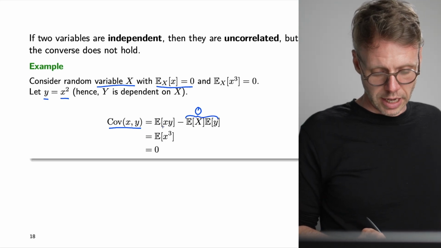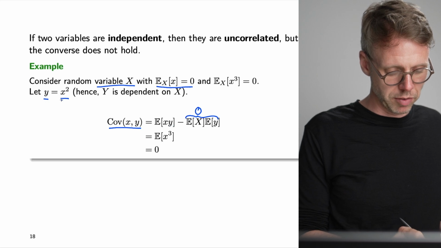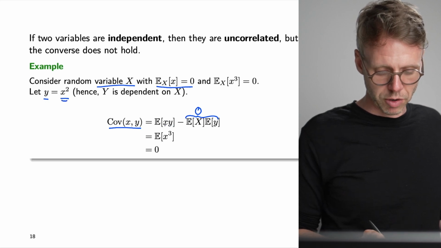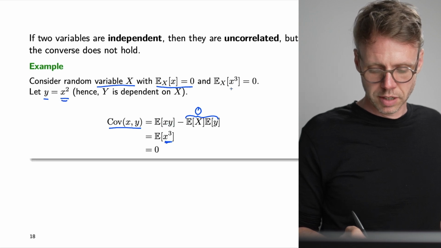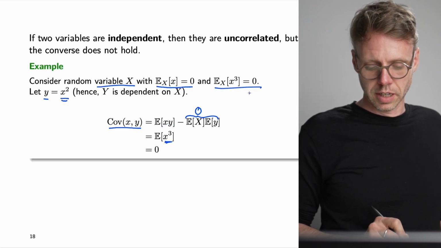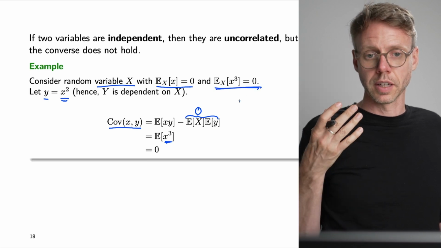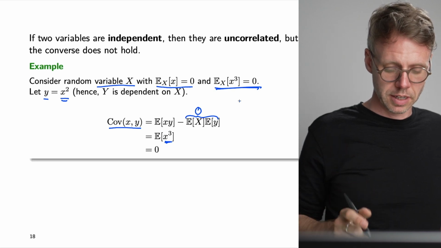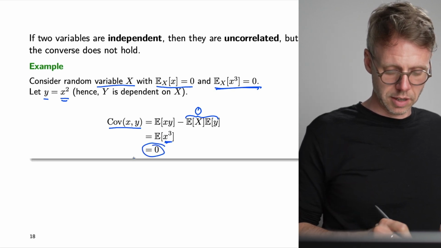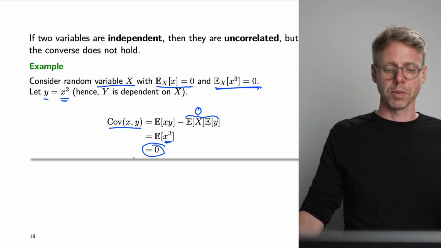And the expected value of x times y, well, if we plug in the formula for y, we get the expected value of x times x squared, which is x cubed. We define x to have the expected value of x cubed equal to 0. Thus, the resulting covariance between x and y is also 0.